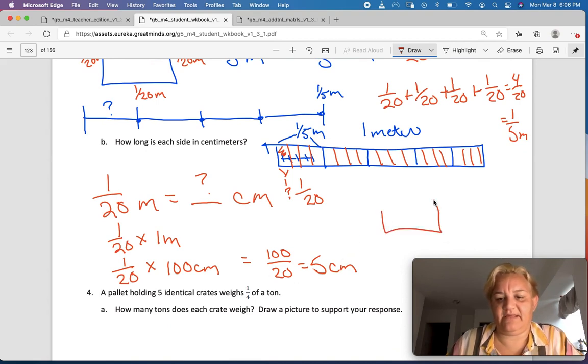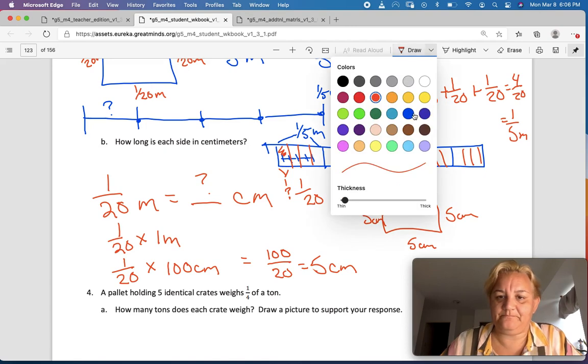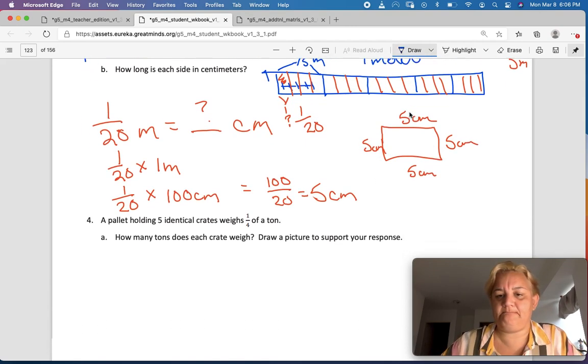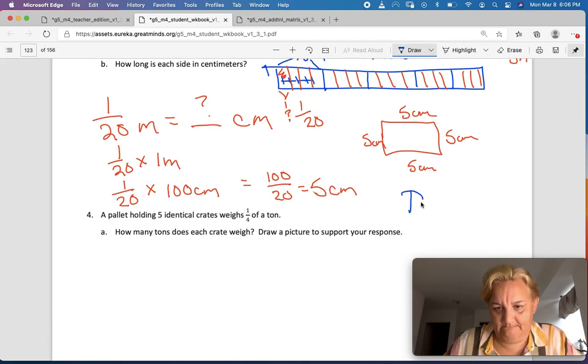And if each of the sides of the square was 5 centimeters, 5 centimeters, 5 centimeters, and 5 centimeters, that would make the perimeter 20 centimeters, right?